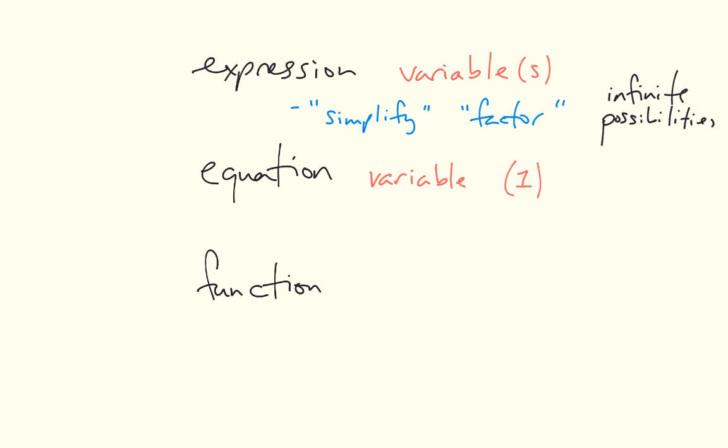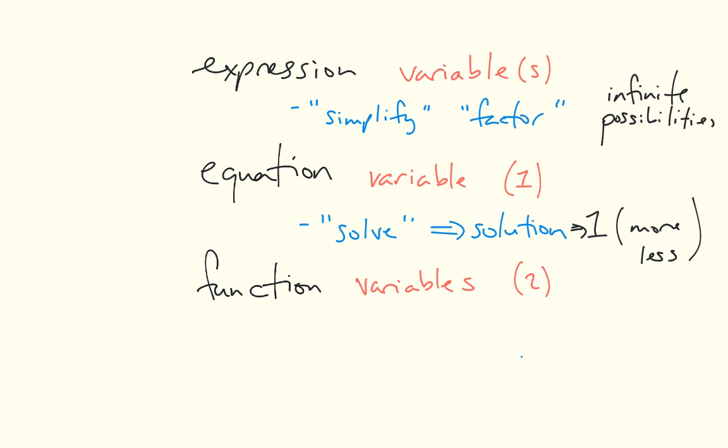Now, equations, at least the ones that we're going to be dealing with, will often have one variable. You will be asked to solve your equation, to find a solution, right? Find out what that variable amount actually is. And often there will be one solution, but there may be more, sometimes less.